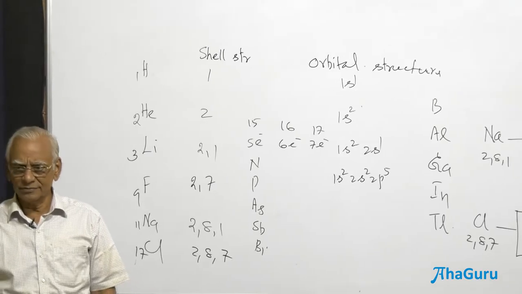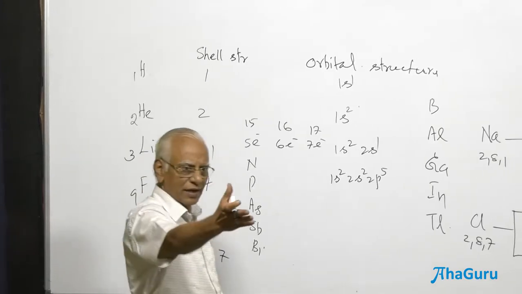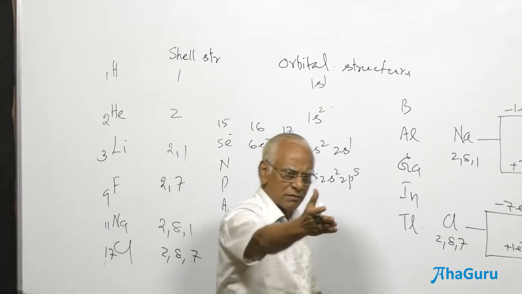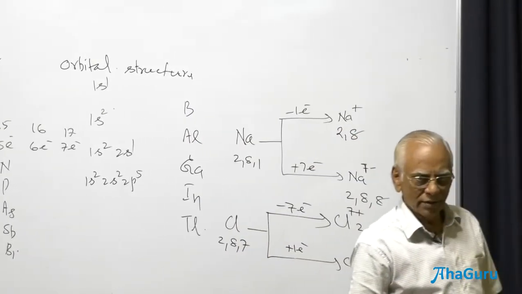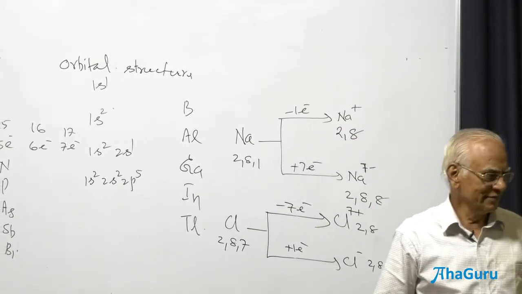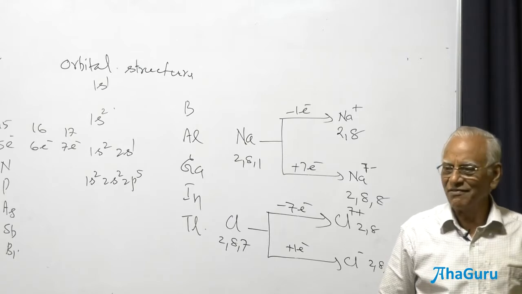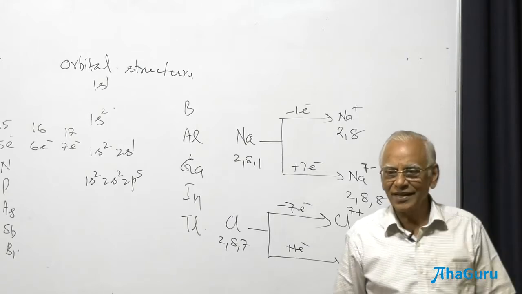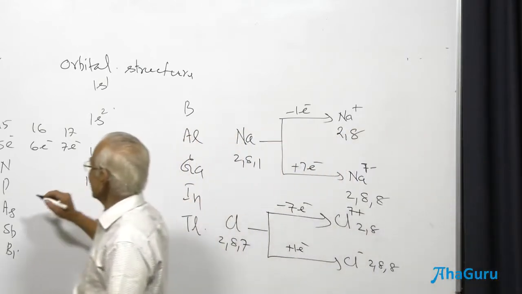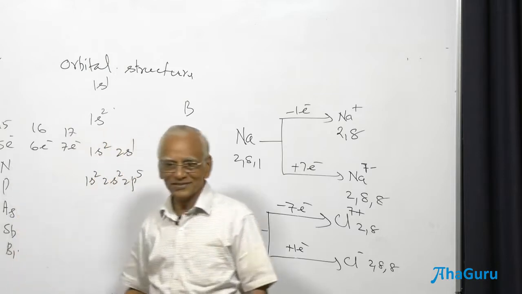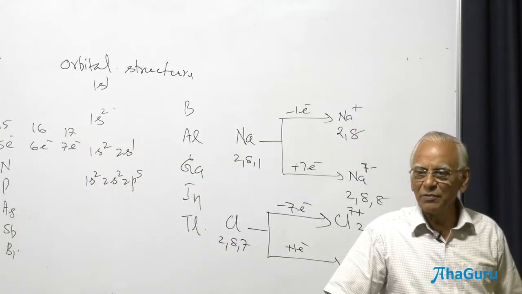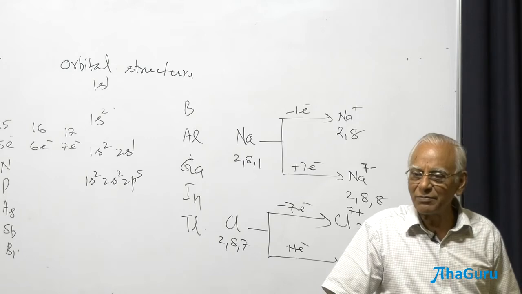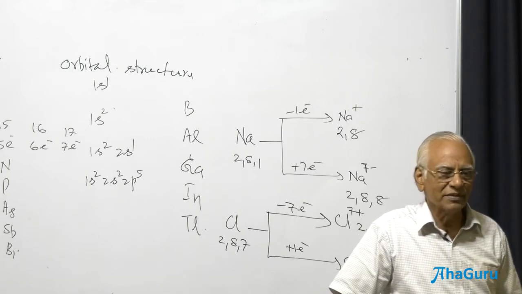Have we not seen group 15 today? We didn't see. Now only we are seeing. What are group 15? Nitrogen, phosphorus, arsenic, antimony. Write it. Group 15. It's there on the board. Nitrogen, phosphorus, arsenic, antimony, stibnum. The Latin word is stibnum. Antimony, Sb.